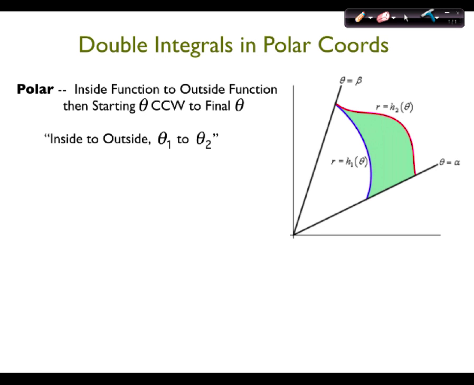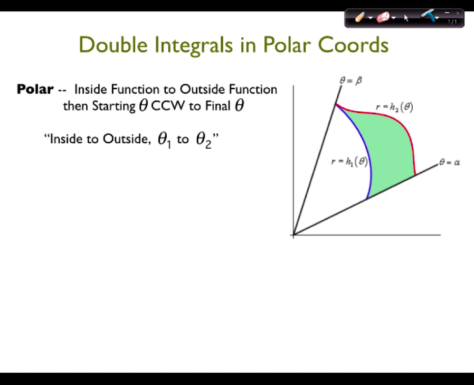I wrote inside to outside. That's not great, but that's the best I can come up with. It's the way we think about how r changes to accumulate for a given theta. So inside to outside, and then, like I showed in the animation, theta 1 to theta 2, starting angle to finishing angle.